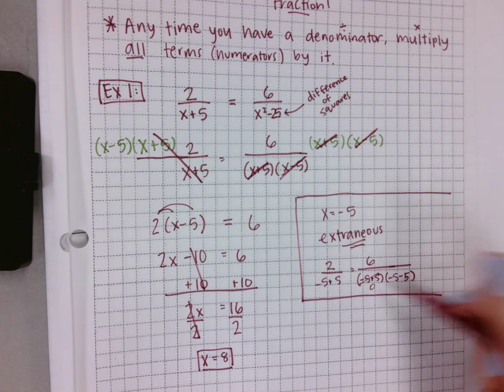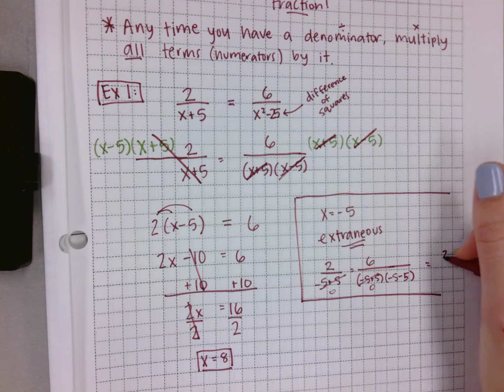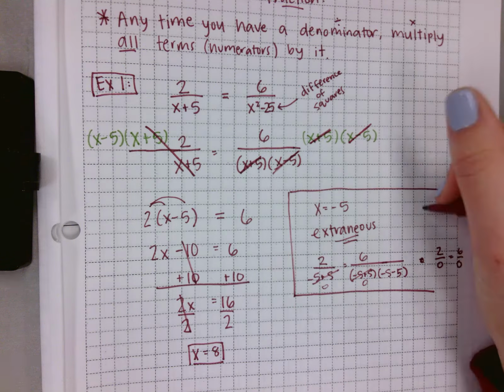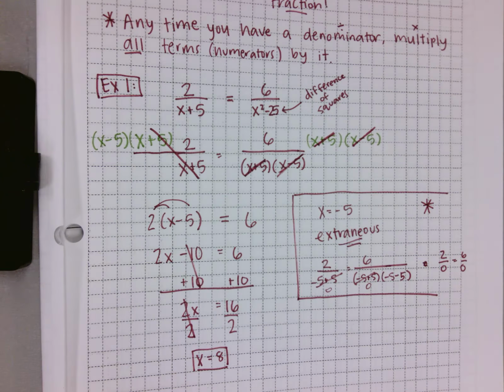So this would turn to 0, this would turn to 0, and it ends up being 2 over 0 equals 6 over 0. Both of those are undefined. Again, this is extraneous. That's a little bit of extra information, but they could ask you to give the extraneous solution. My denominators can never equal 0.